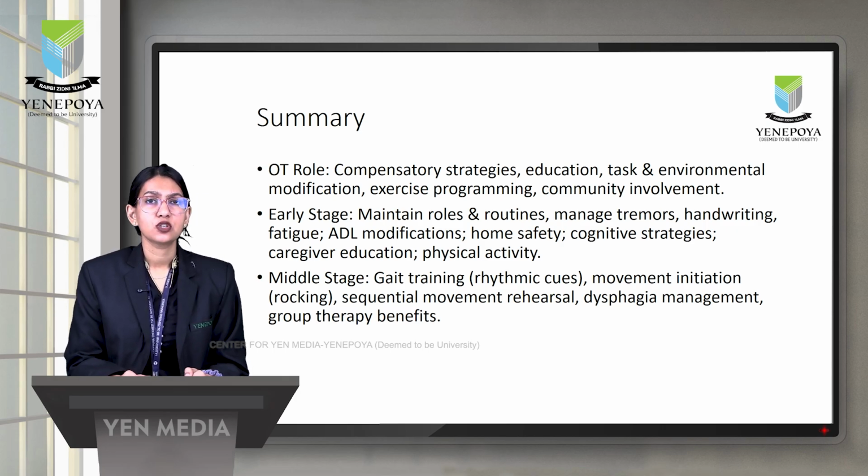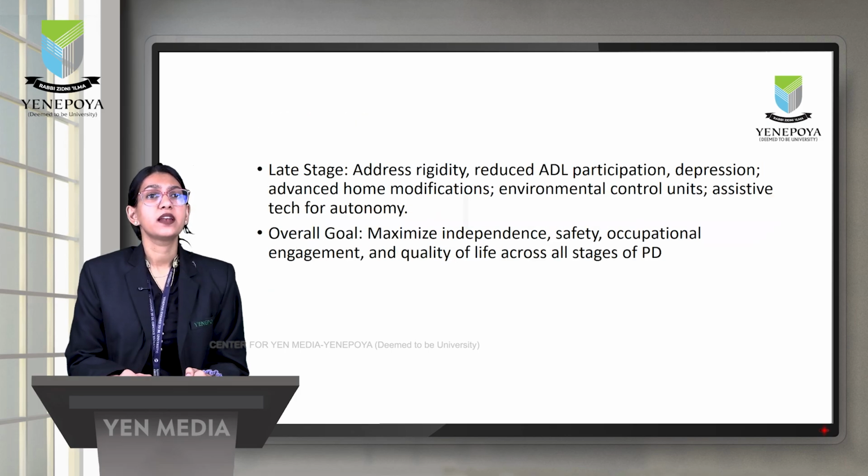During the middle stage, gait training using rhythmic cues like music, movement initiation like rocking, sequential movement rehearsal, dysphagia management, and group therapy can benefit the patient. During the late stage, rigidity needs to be addressed, ADL participation is reduced, and depression occurs.